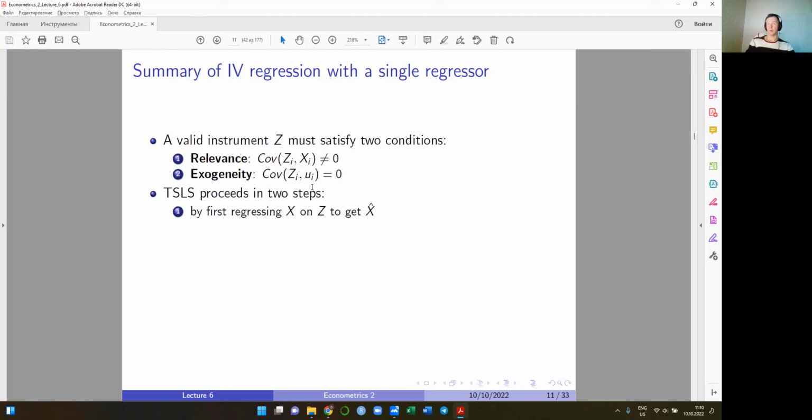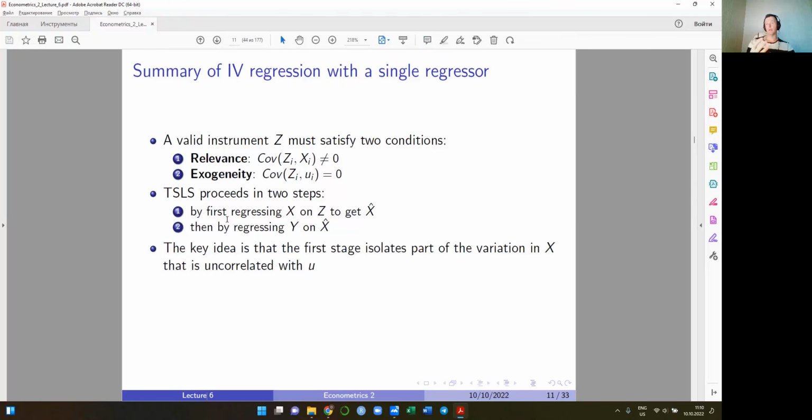We proceed with this two-stage least squares estimation in 2 steps. First step, we regress x on z and we obtain the fitted values. Second, we regress y on fitted values. The idea is to isolate the part of the variation in x which is not correlated with u.